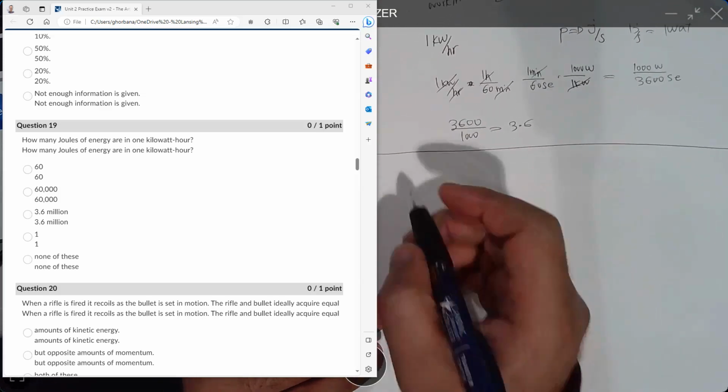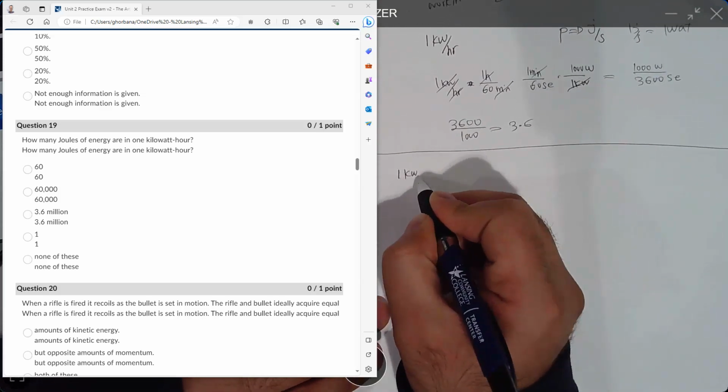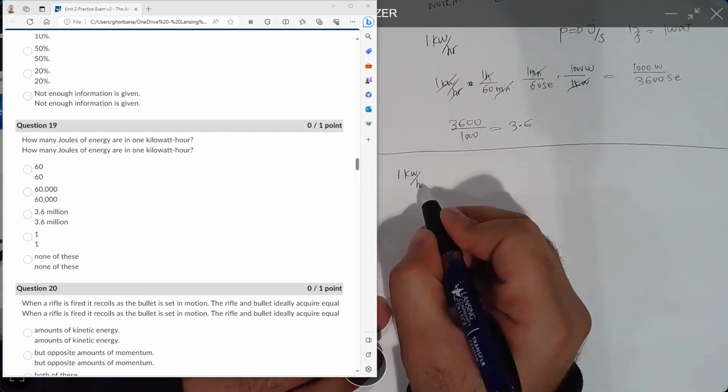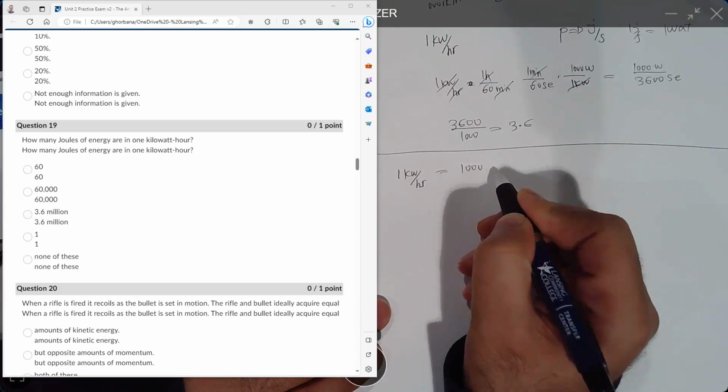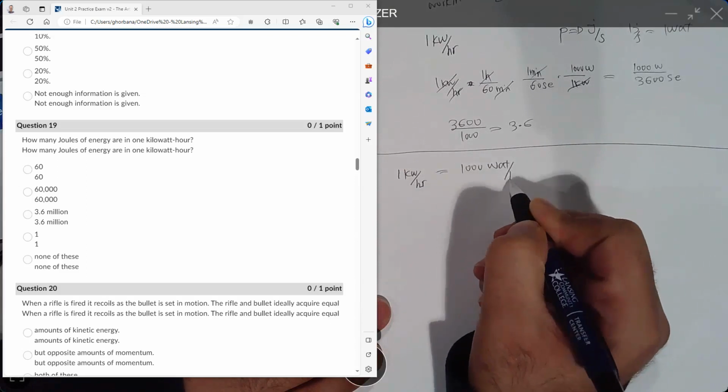The question is telling how many joules of energy are in 1 kilowatt hour. 1 kilowatt is 1000 watt, per hour.